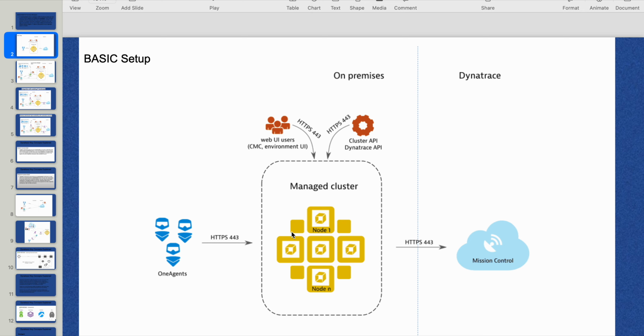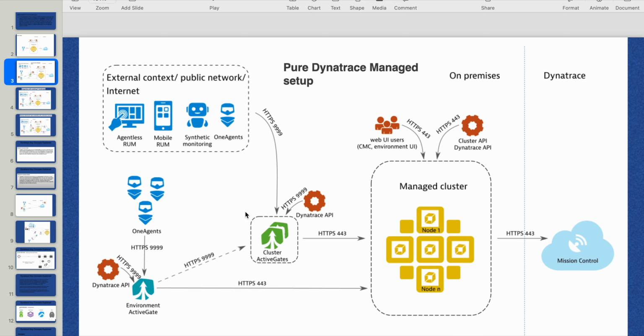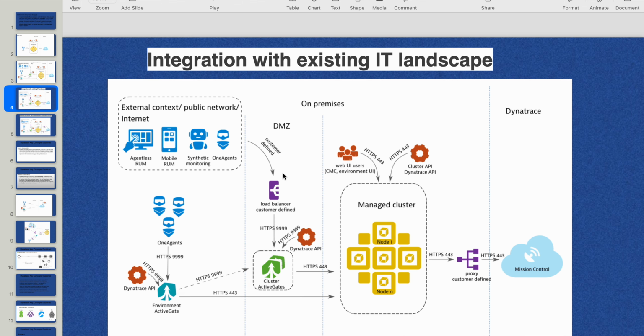You have a node and you connect directly, then you have a cluster active gate, which is what we were discussing for the existing landscape. There is no difference. You just use a load balancer, customer-defined, you terminate SSL here itself, and then route the traffic to the cluster active gate, and then further the same way. There is no resiliency on Mission Control.